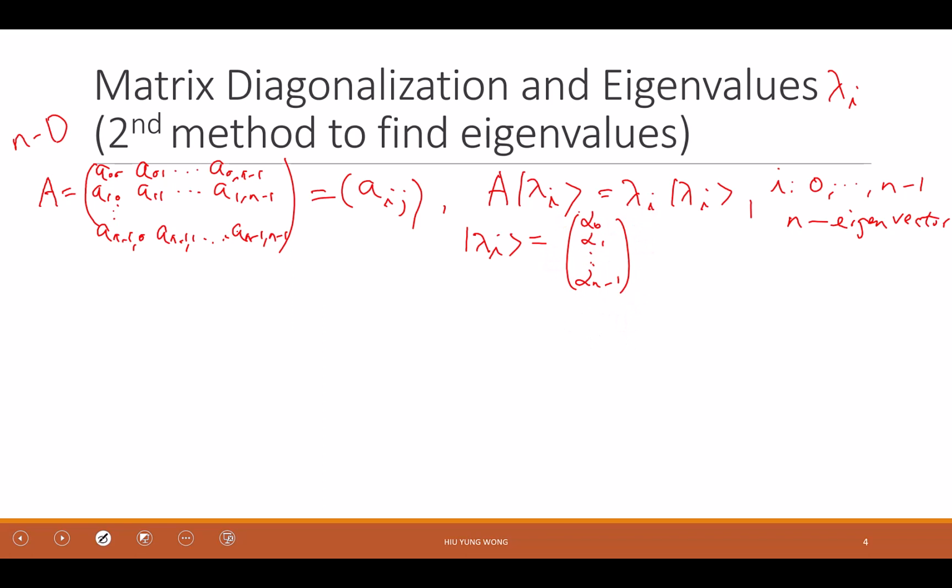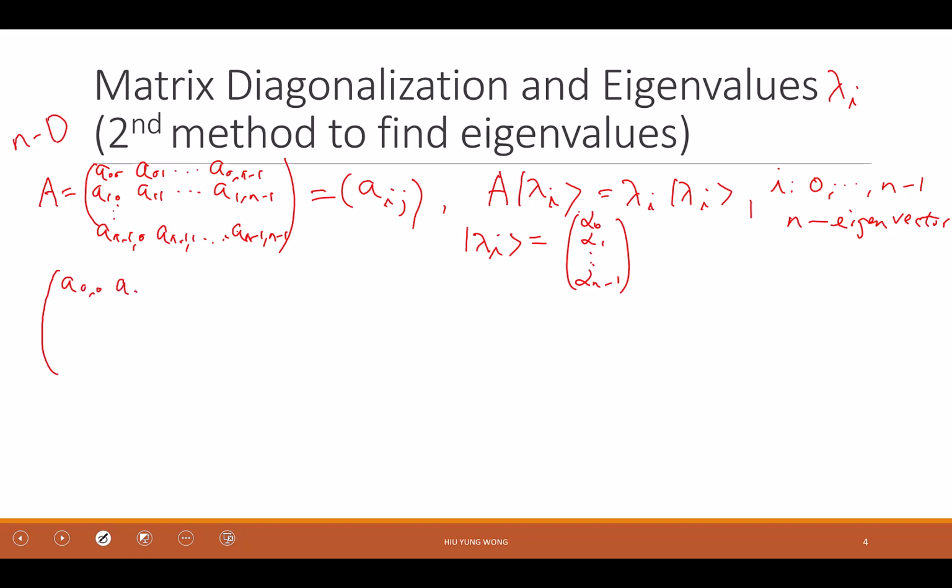So let's do the matrix form. When I say A times lambda I, actually my notation is not that good, but that's okay.